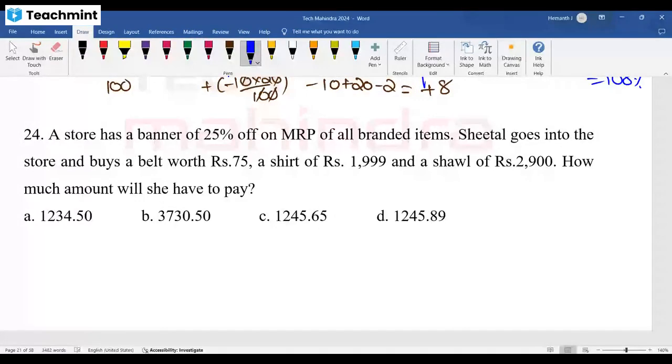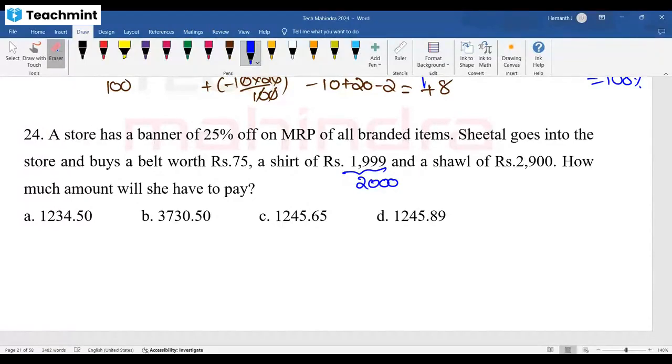A store has a banner of 25% off on the MRP of all branded items. So Seetal goes there and buys. Generally they give 1,999, which should be like 2,000. You can take it roughly. You take 1,999 only.